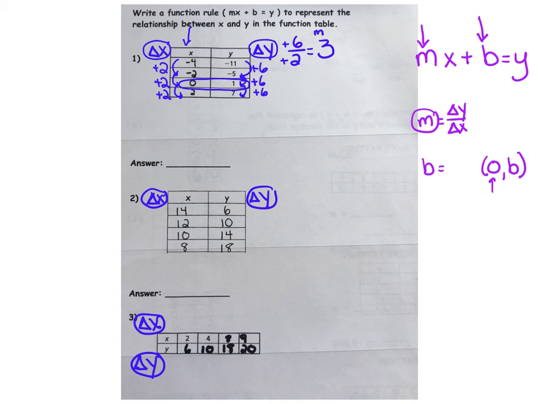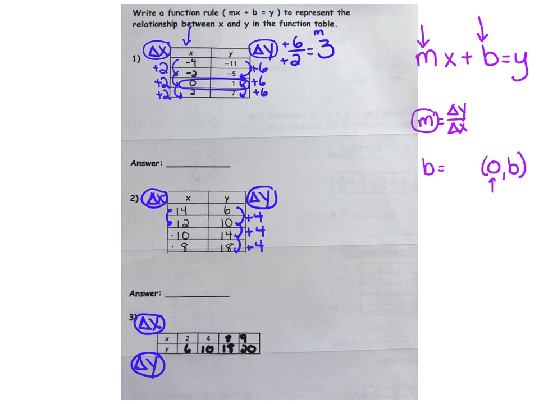Let's take a look at problem number 2. In this case, as we examine our delta y, how our y values are changing, we see that in each and every case, we grow by 4. But if you look at your x values, they are decreasing in value.